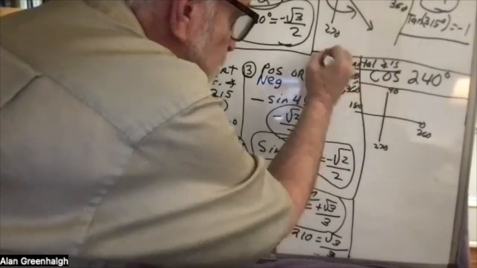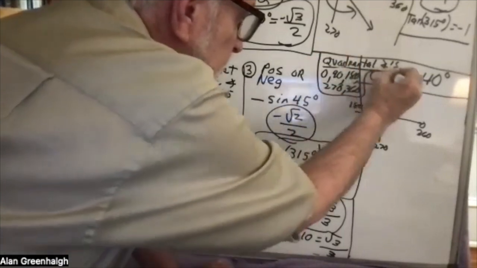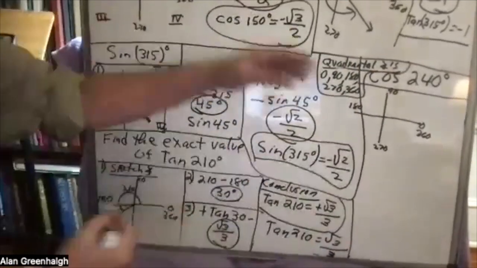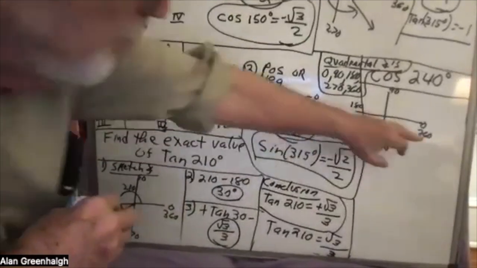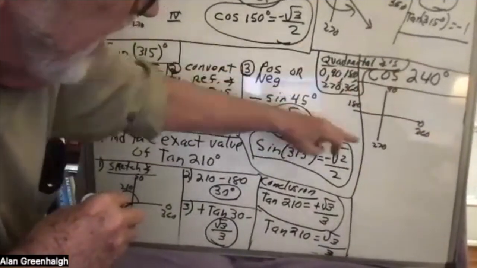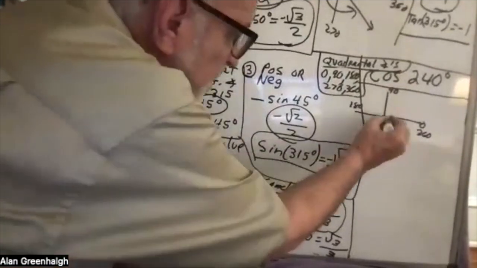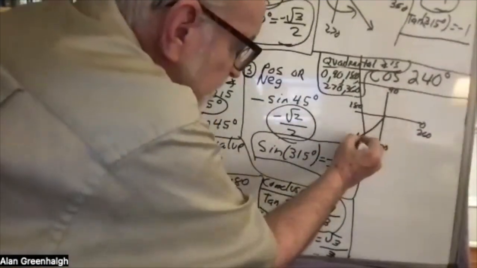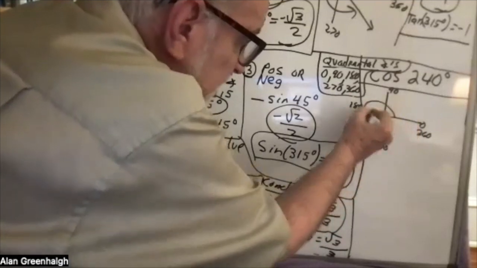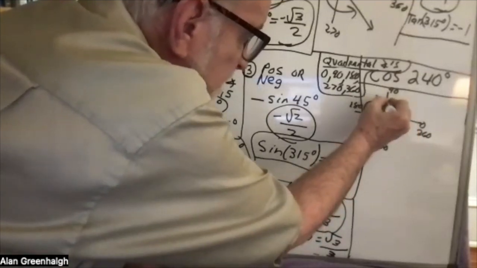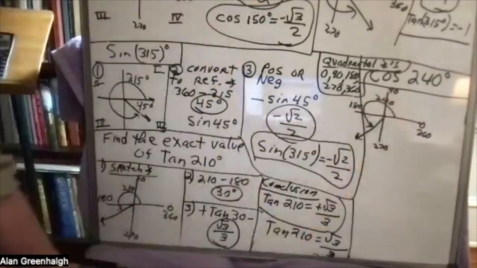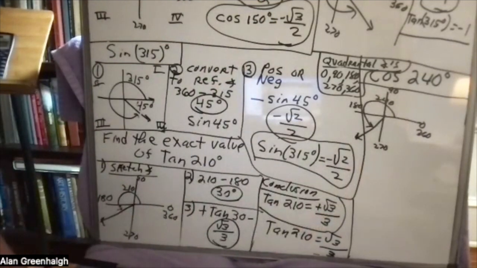These are called the quadrantal angles. Okay, so when you're actually sketching it, you should put in what the quadrantal angles are. And now 240, then it becomes easier to graph it, because this is exactly where 240 degrees is located. It'll be right there in the third quadrant.